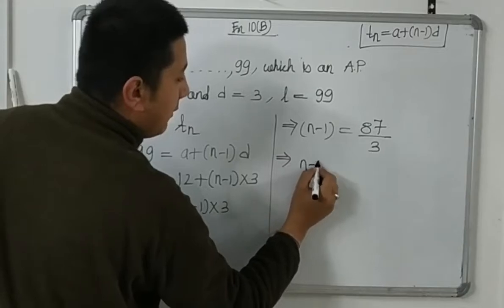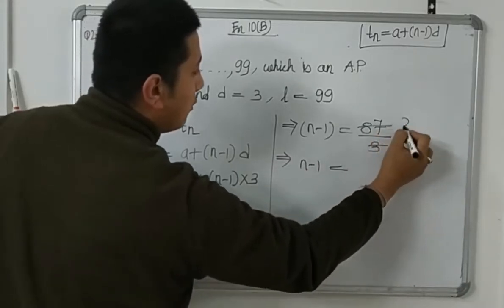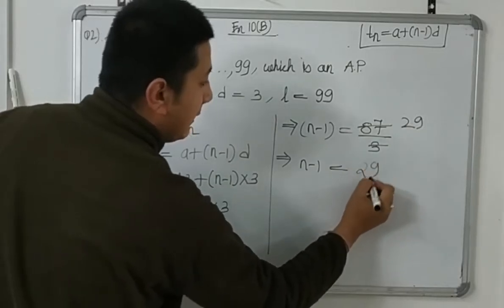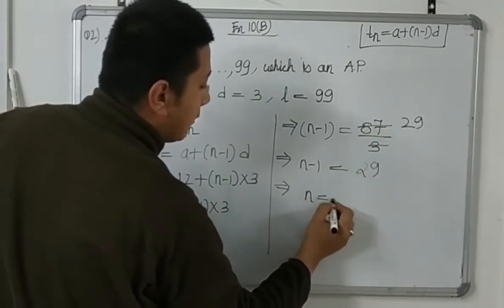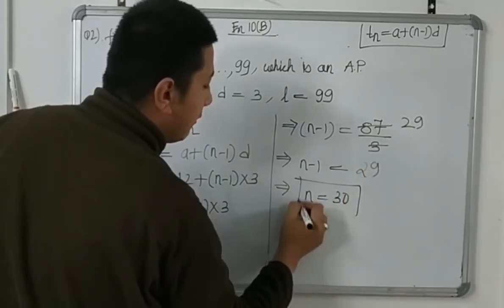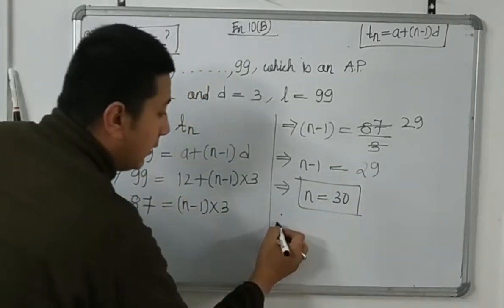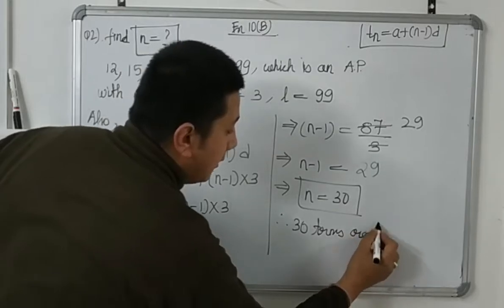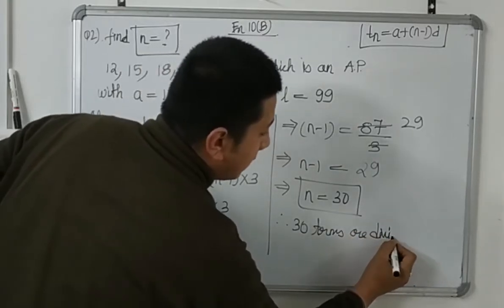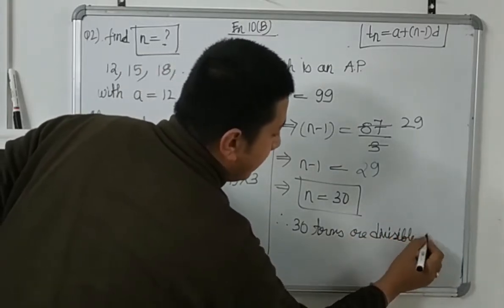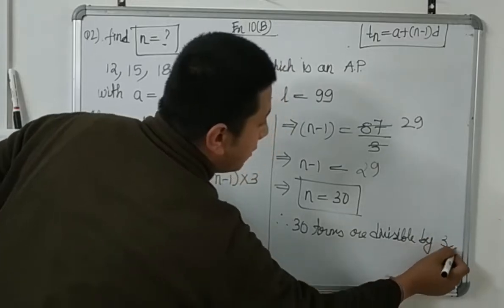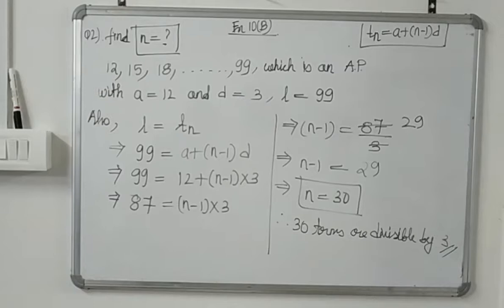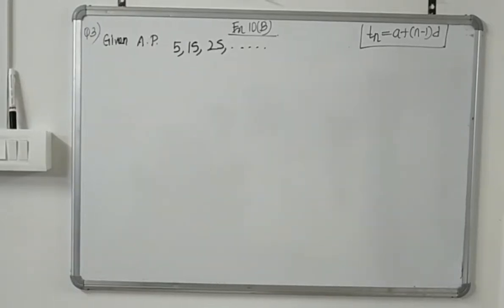So this will give you n minus 1. 3 2s are 6, 3 9s are 27. So 29. So therefore n is equal to 30. So total how many terms? Therefore 30 two-digit terms are divisible by 3. So pause the video and note it down.